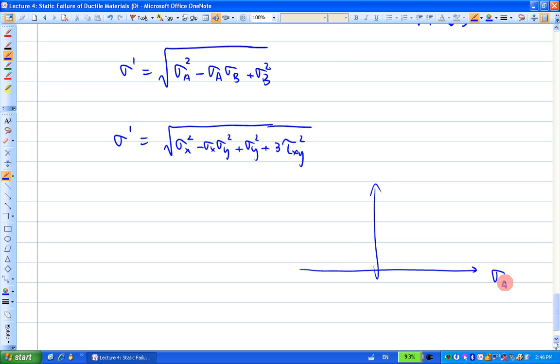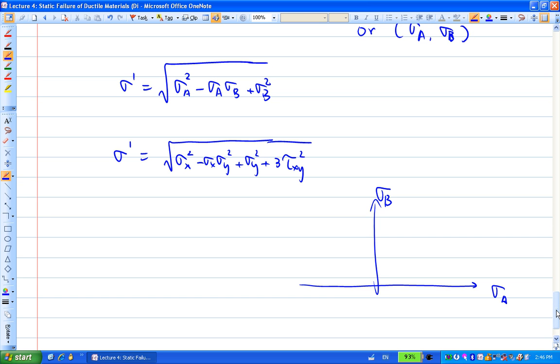We look at a plane created by sigma A and sigma B. What DE theory is comparing is sigma prime versus SYT, right? If I pick this equation, which has nothing but sigma A and sigma B, I'm going to let it equal SYT. That's the boundary.